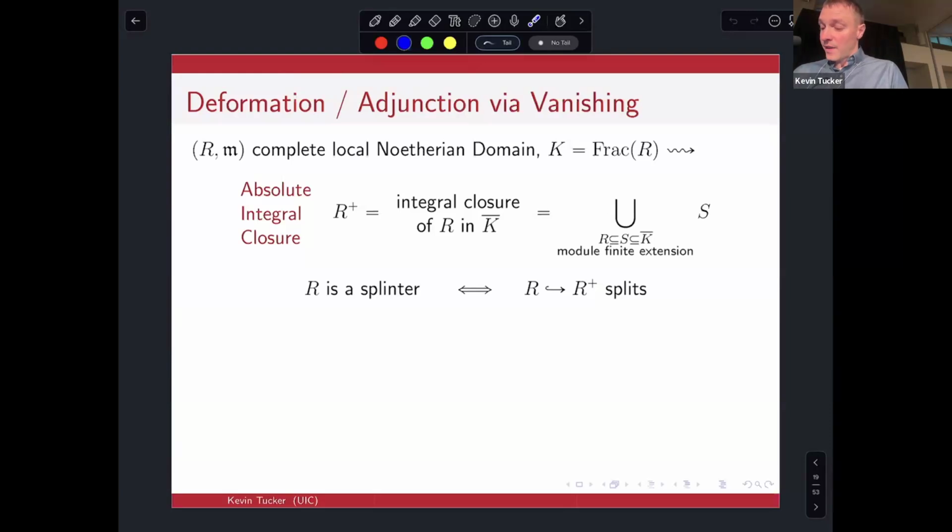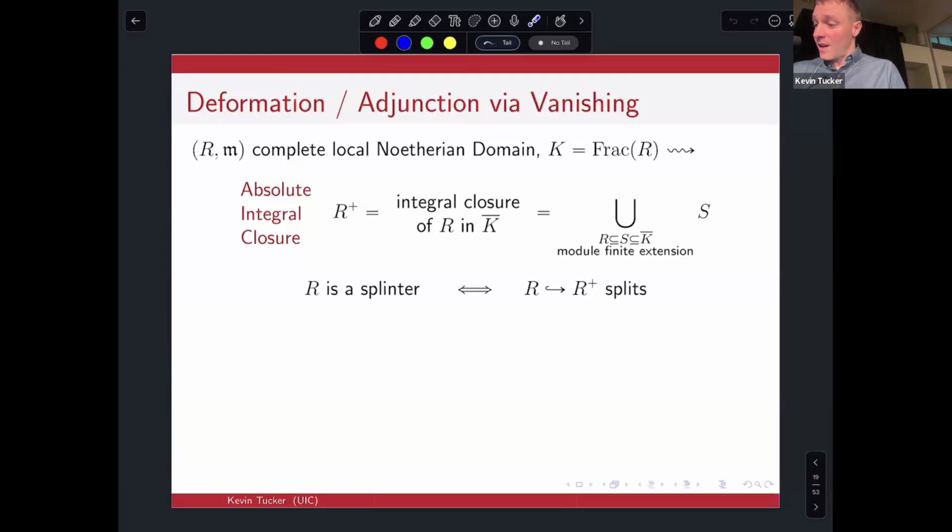Asking that your ring is a splinter asks that all those S's split back to R. So maybe it's not that surprising, at least when R is complete, that R is a splinter if and only if the map from R to R^+ in fact splits.